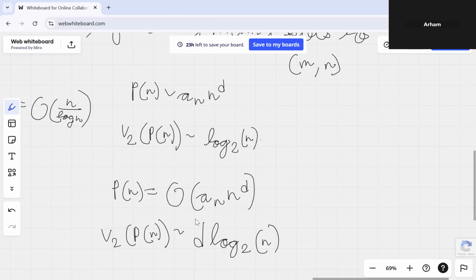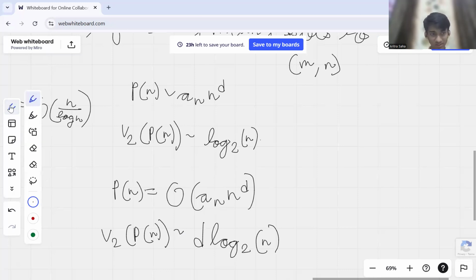Same doesn't seem correct. If n is even and the constant is odd, then the V2 will be zero. So how do you... Yeah, exactly. I'm saying V2 of P of n is less than or equal to this thing, basically.